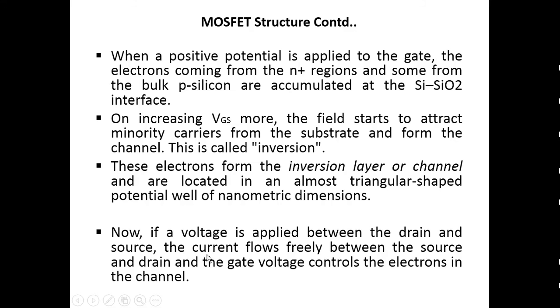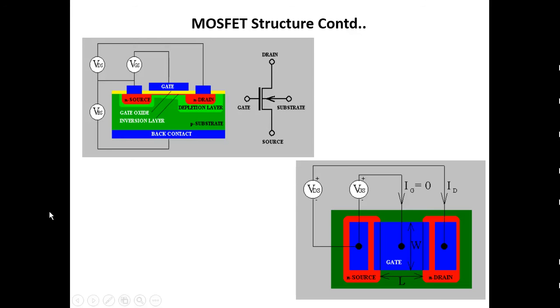So when we apply a positive voltage between the source and drain, what happens here? Some of the electrons accumulated in the inversion layer will pass through this, and that constitutes the source to drain current, isn't it?